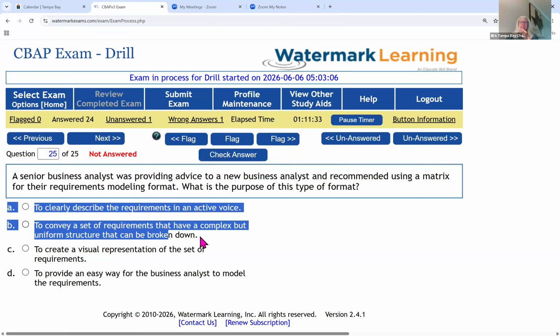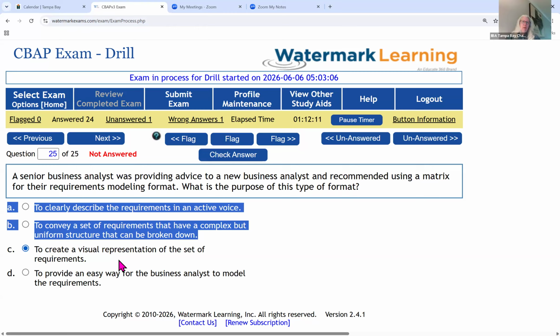What do you think of C? C seems the correct one because we had the matrix format to compare the requirements.